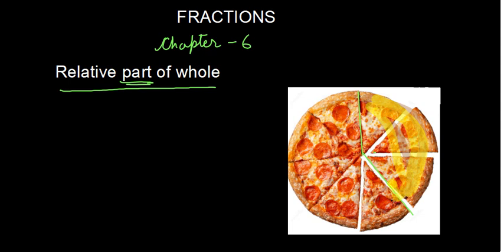They had cut the pizza into parts, 1 2 3 4 5 6 7 8. They have cut the pizza in 8 parts. If you select to eat 3 parts out of those 8 parts, leave the rest to your family members, you are consuming 3 parts out of 8 parts of that pizza.